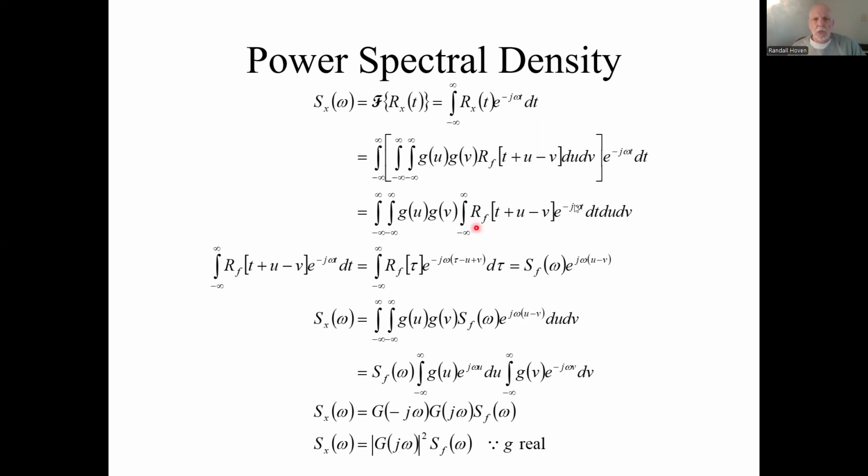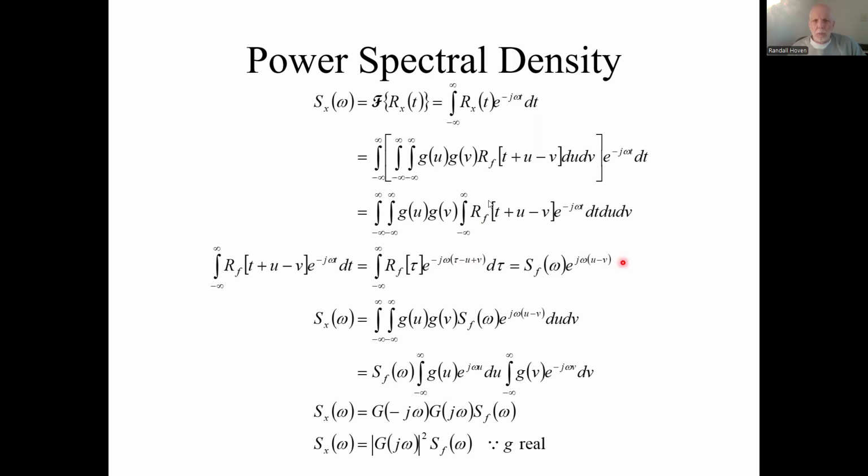Let's look at this for a minute. I'll change a variable here so that the argument becomes this. I'll make tau equal T plus U minus V. And now I can pull out a minus j omega times minus U plus V, and what's left in that integral is just the power spectral density of the input.